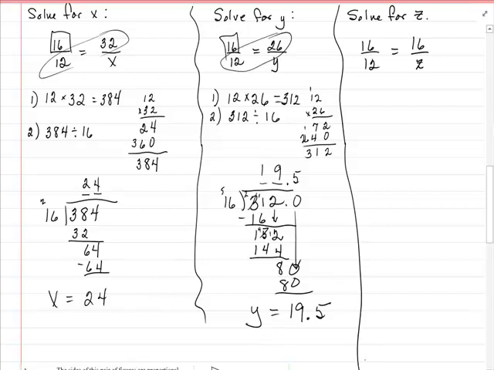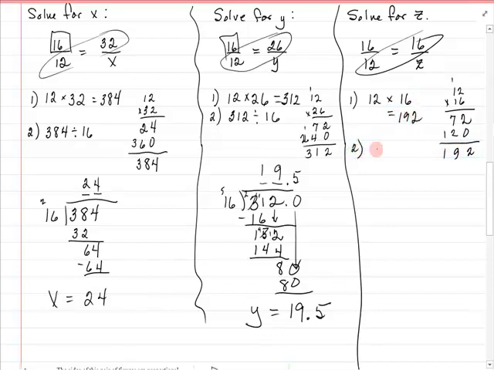And to solve for z, again, a different cross product. I have 12 times 16. 6 times 2 is 12. Carry the 1. That's 7. Then 0 and 12. So that's going to give me 192.